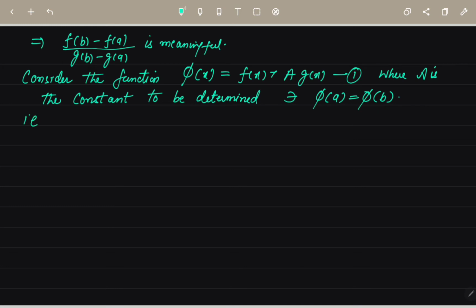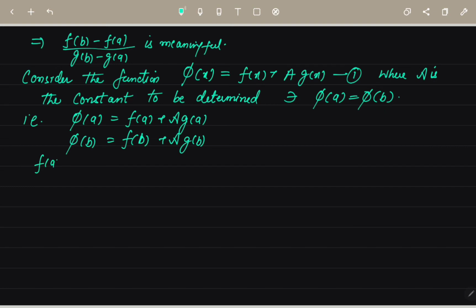Now I will find the values of phi of a and phi of b from equation first. So from equation first, phi of a is equal to f of a plus a into g of a. Similarly, phi of b is equal to f of b plus a into g of b. Now both these are equal, so f of a plus a into g of a is equal to f of b plus a into g of b.